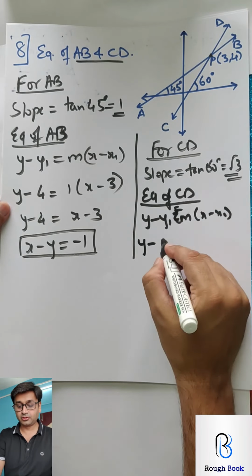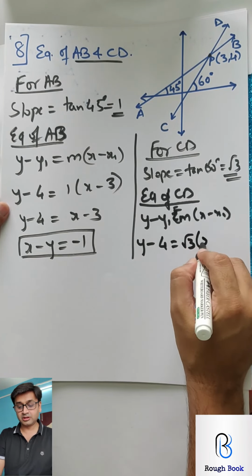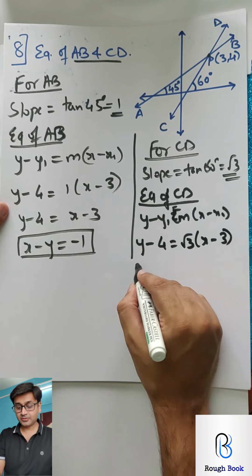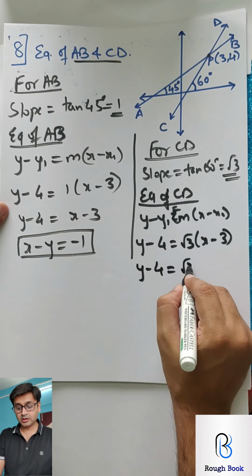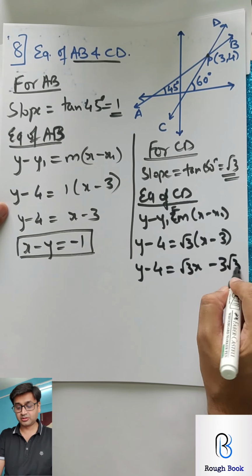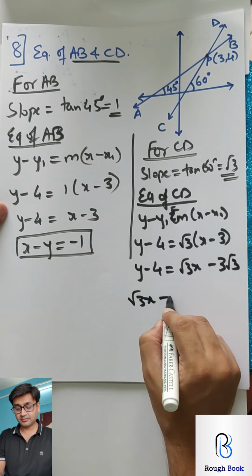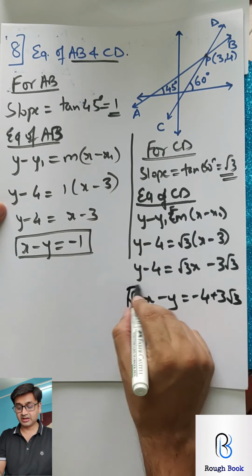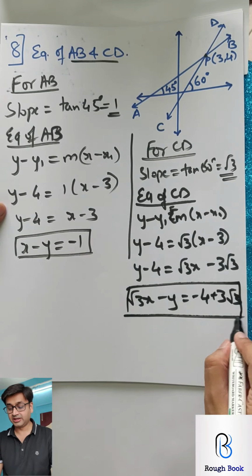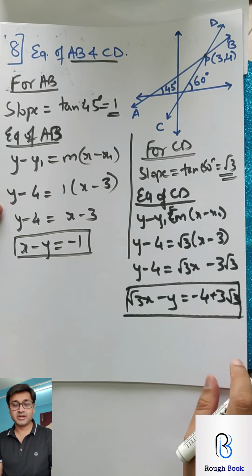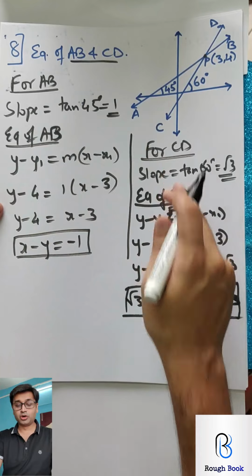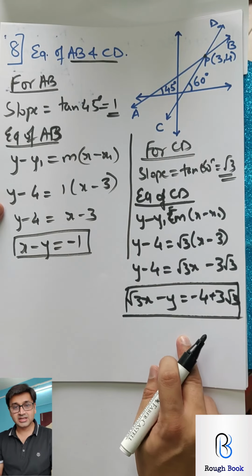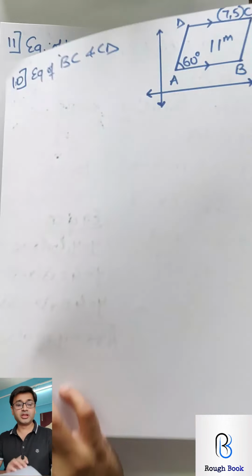So y1 is 4, slope is root 3, and x1 is 3. So I'll get y minus 4 equals root 3 x minus 3 root 3. So root 3 x minus y minus 4 plus 3 root 3 equals 0. Leave it like that. Don't get into decimals or anything. Not required. This will be accepted in the board. So we got both equations of AB and CD. Let's go to the next one.